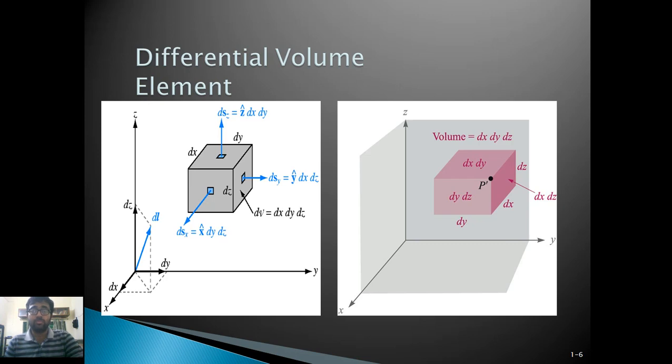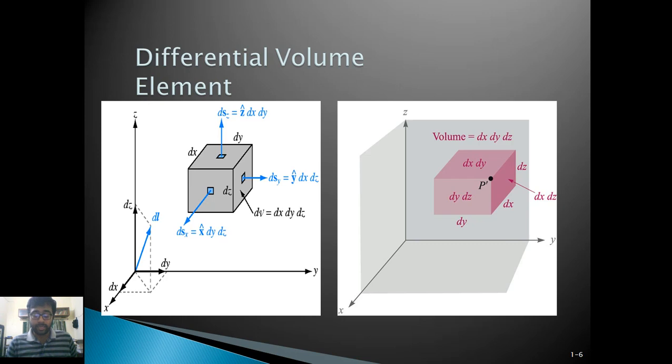Now this is an important factor that we need to understand: what is the differential volume element. Suppose in the Cartesian coordinate system we have a cube. This is a pictorial depiction of a cube. If we have to extract the volume of this cube, suppose it is a very elemental cube which has very small length, width and height in the three directions x, y, z.